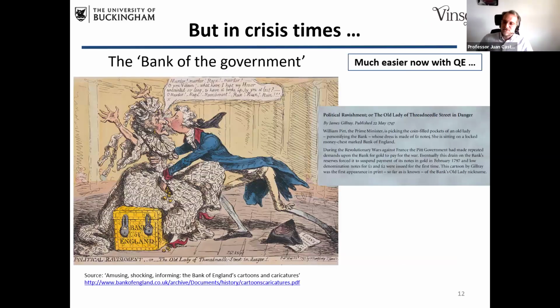But there's a caveat to this. In times of crisis, central banks have a major say as to how much money there is in the economy. They can be very influential as regards the amount of money in the economy. Remember that central banks, and indeed the Bank of England, but many others, were created to assist the government in times of crisis.